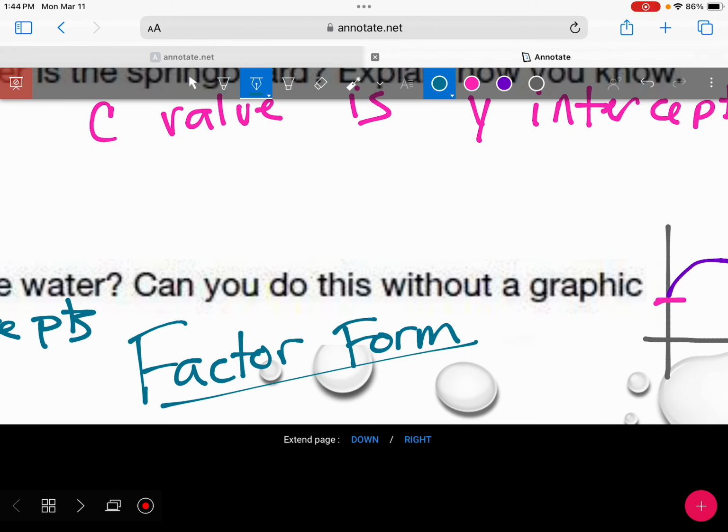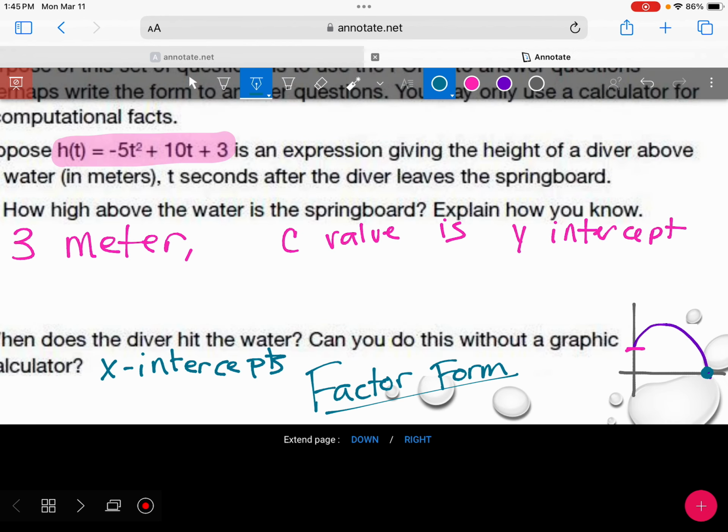If we don't have a graphing calculator, which we don't because those are expensive, and they've been expensive for 20 years. It's dumb. They give you a whole lot of spaces on here and not a whole lot of stuff.